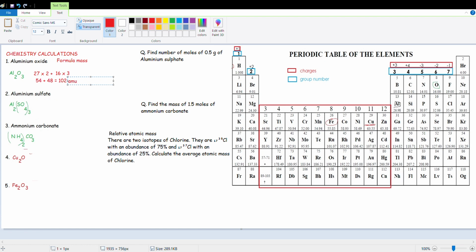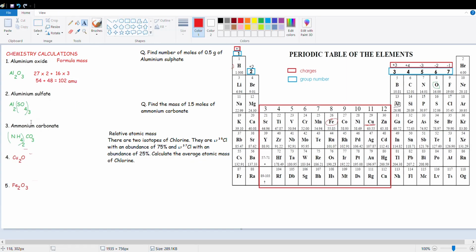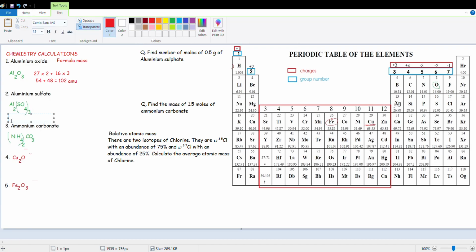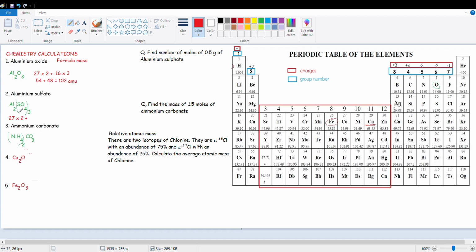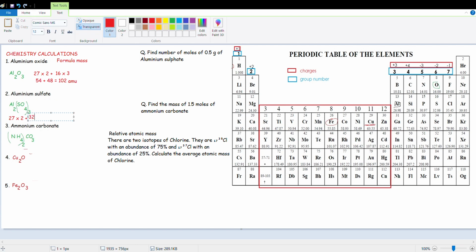I'm not going to do everything, but I'll do two more for you. So for example, this one seems difficult. Aluminium is 27 times 2, plus sulfur, which has 3 atoms. Sulfur is 32.06, I'm taking 32, times 3.